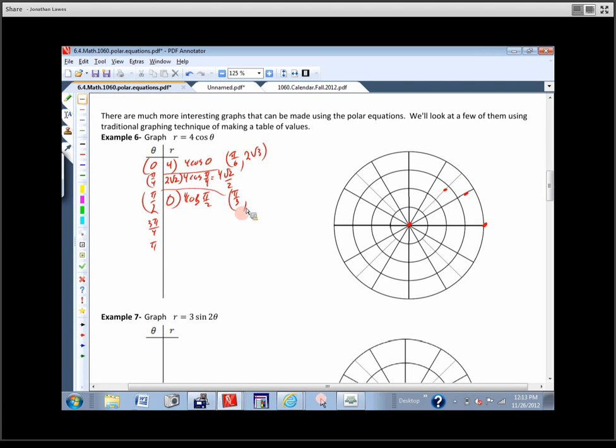Let's pick one in between here. Let's pick pi thirds. If I pick pi thirds, what is the cosine of pi thirds? Cosine of pi thirds is 1/2. So this is going to be 4 times the cosine of pi thirds. That's going to be 4 times 1/2, so that's 2. So when I point in this direction of pi thirds, I go 1, 2 units.